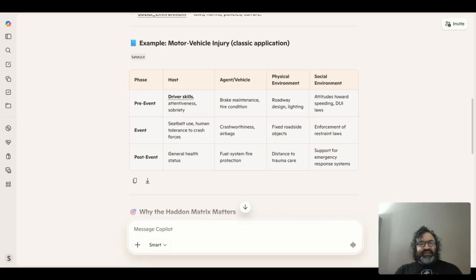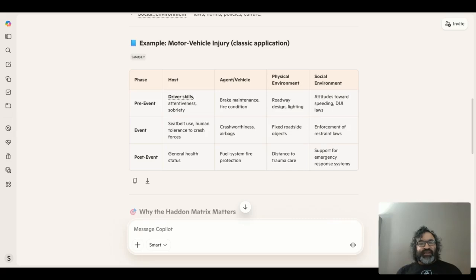The main component of this is the pre-event, event, and post-event, and those are the rows. They're not counting the row for the title, so that's why it's three rows. In the pre-event, that's before the injury is occurring. That focuses on prevention, and that's what public health is all about.